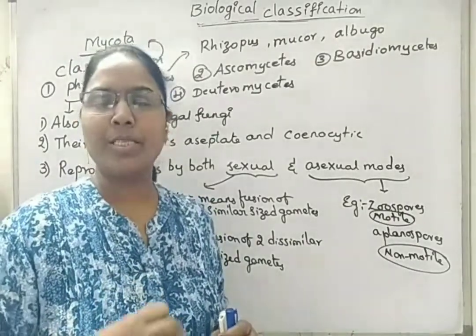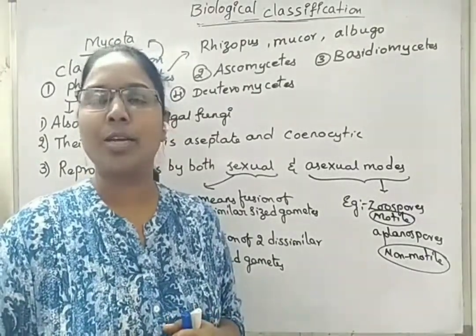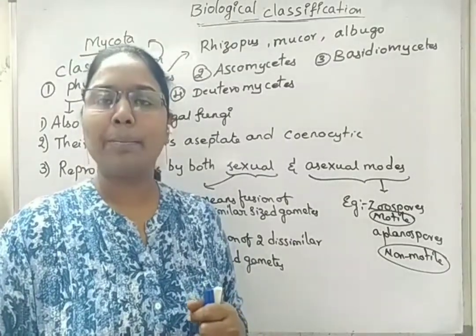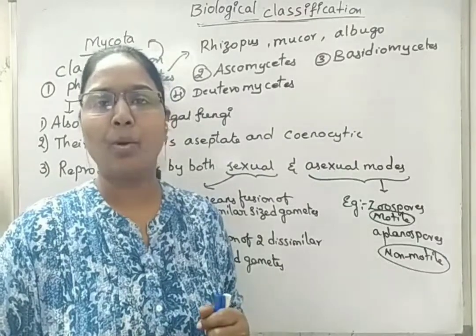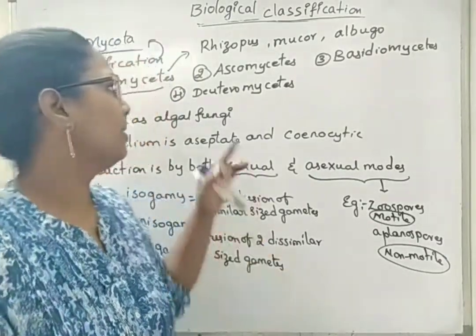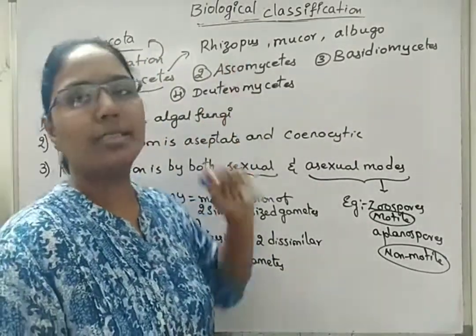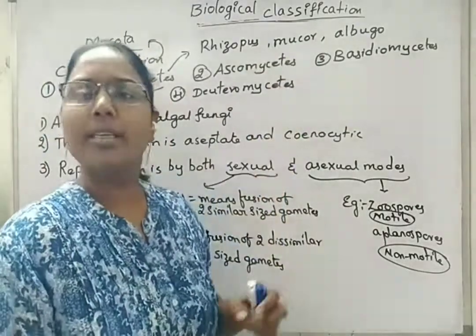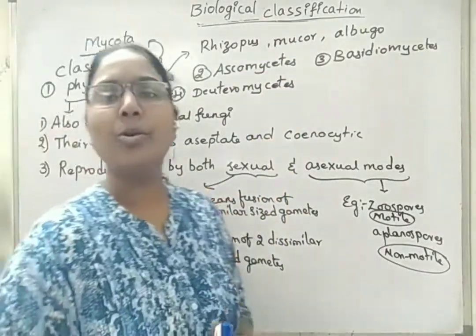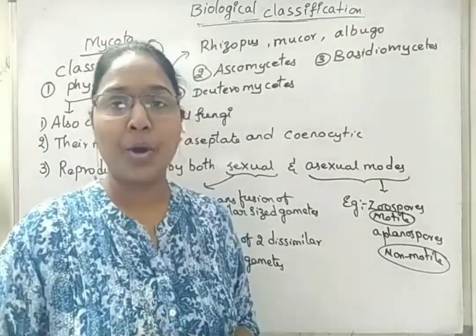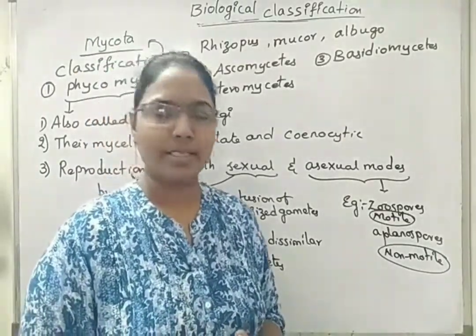Rhizopus is also called bread mold or black mold. Mucor is also called pin mold. Rhizopus damages bread, and Mucor damages any organic matter. Albugo causes white spots on mustard leaves.